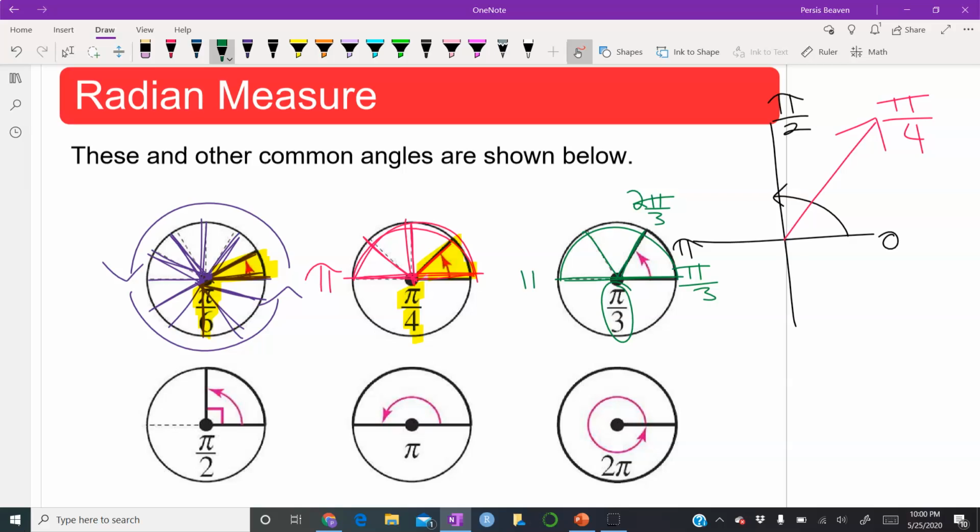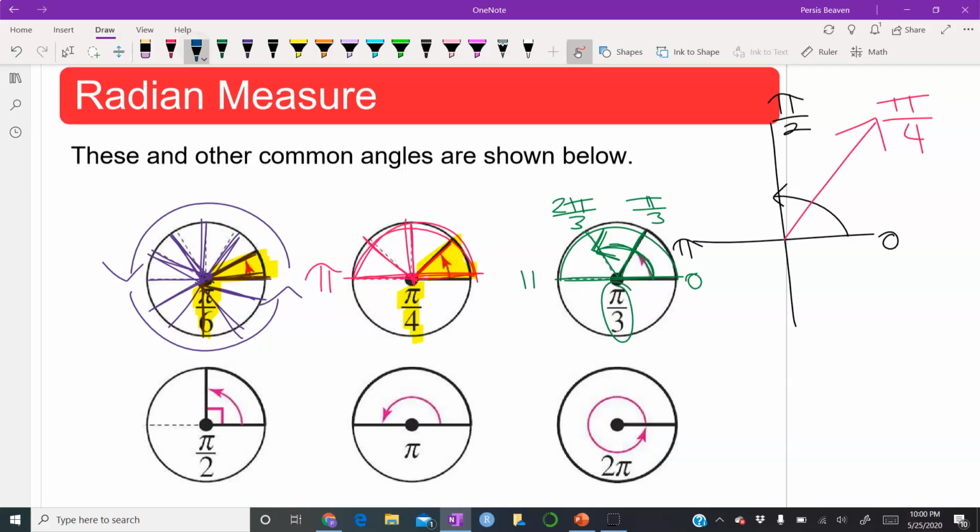Actually, no, I started wrong. Sorry, my apologies. We should start with 0. This is 0. This is pi over 3. This will be 2 pi over 3. If we were to continue the rotation, that would be considered 2 pi over 3.